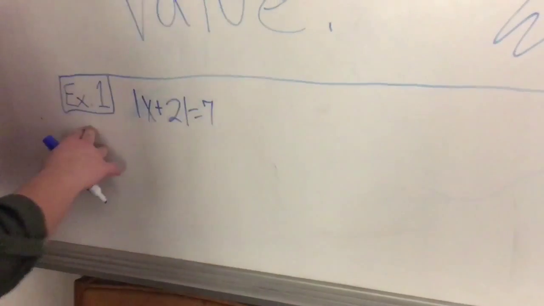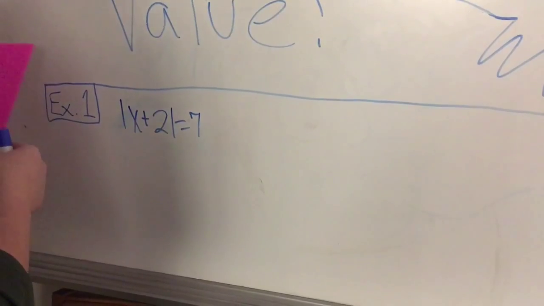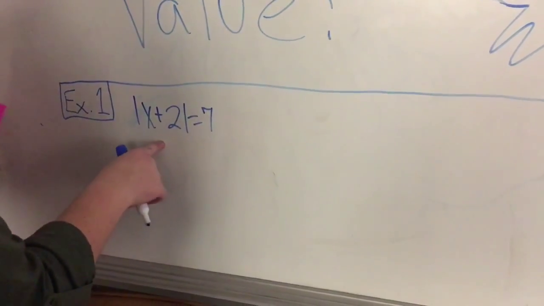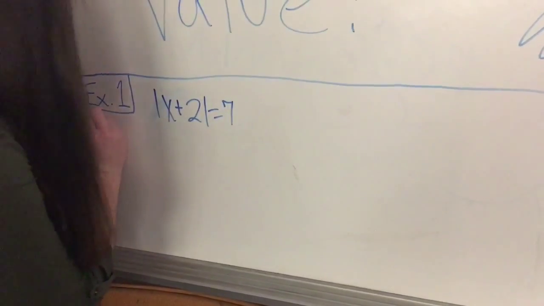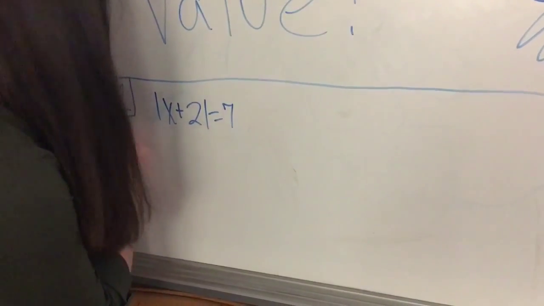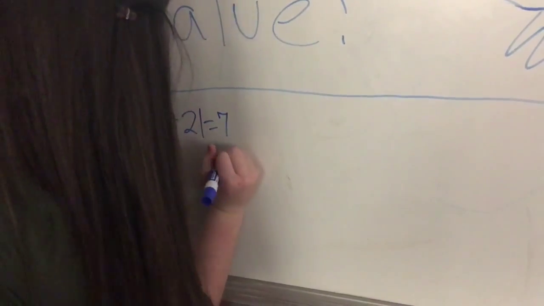The first example is the absolute value of x plus 2 is equal to 7. First, you divide the equation into two separate equations, one with a positive and one with a negative.